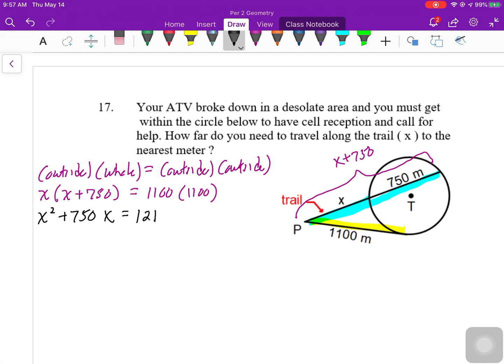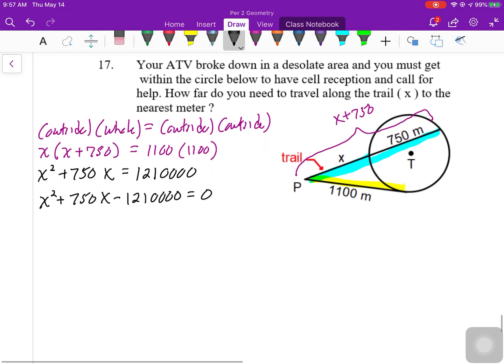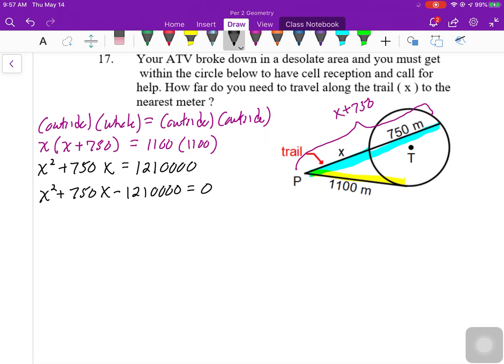I'll distribute the x on the left side. I get x squared plus 750x. And on the right side, 1,210,000. It's a quadratic equation, so I must get it set equal to 0. Subtracting the 1,210,000, I get x squared plus 750x minus 1,210,000 equals 0.